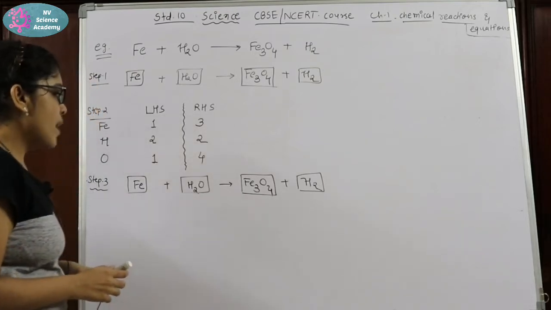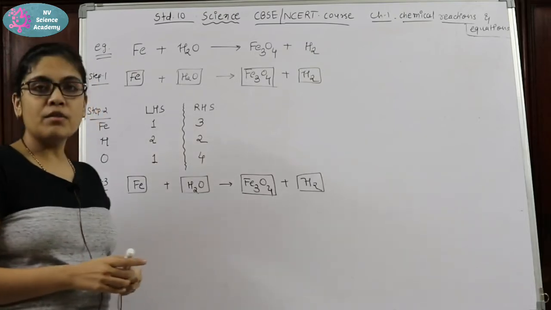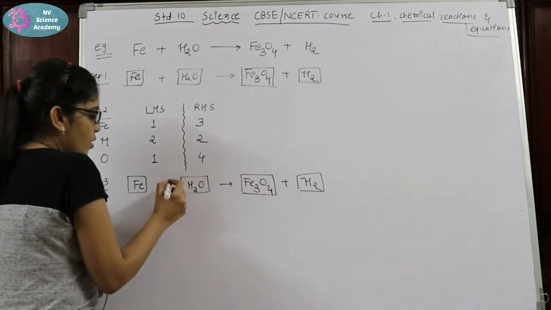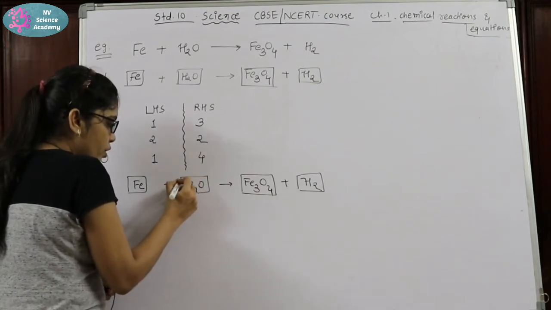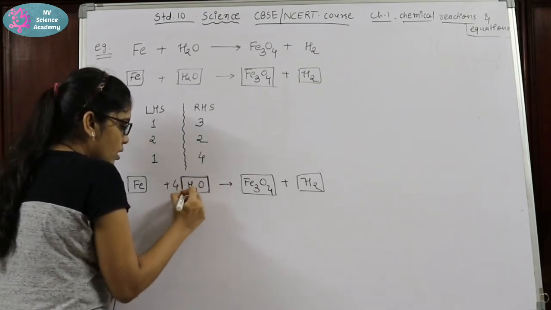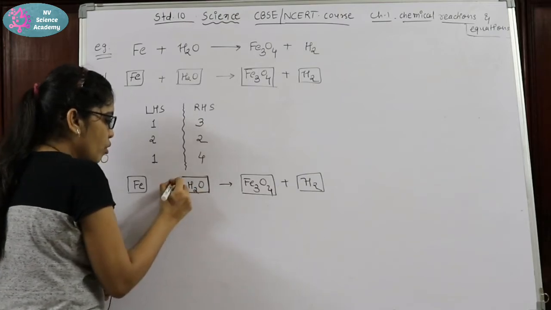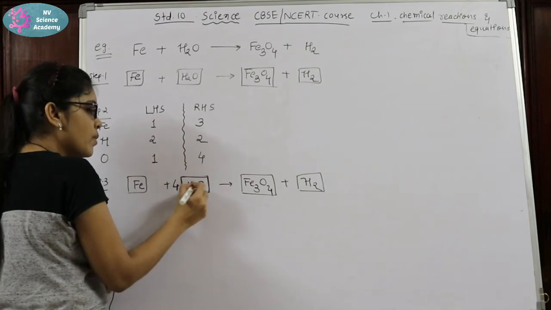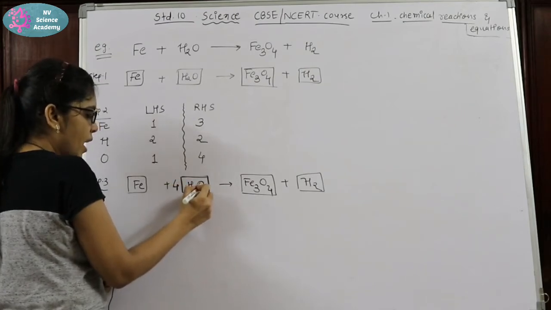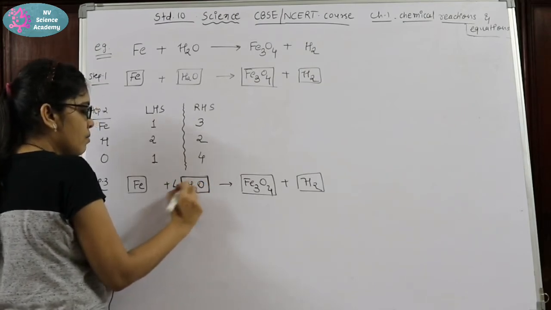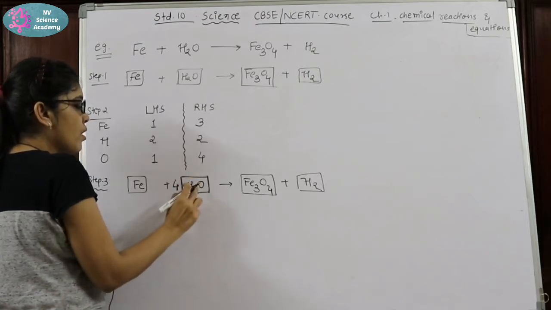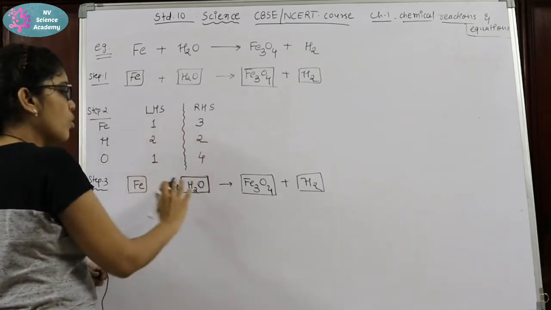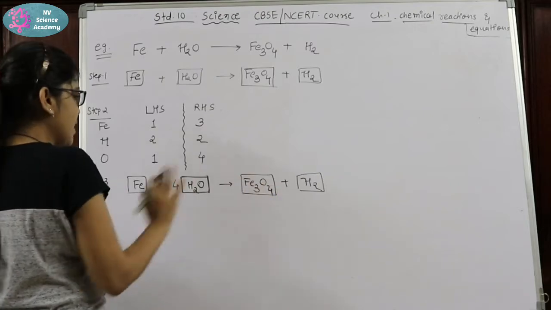So to make the number of oxygen atoms 4, we will put 4 as a coefficient before the H2O formula. The 4 will multiply with this and make the number of oxygen atoms 4. So oxygen is balanced in this step.